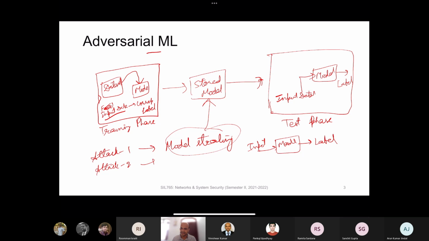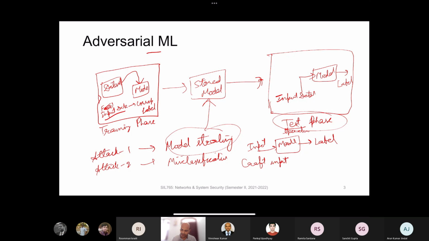Then the second attack that we discussed was misclassification. So you have this model and then you somehow craft the input, and you are actually working in the test phase or operation phase.